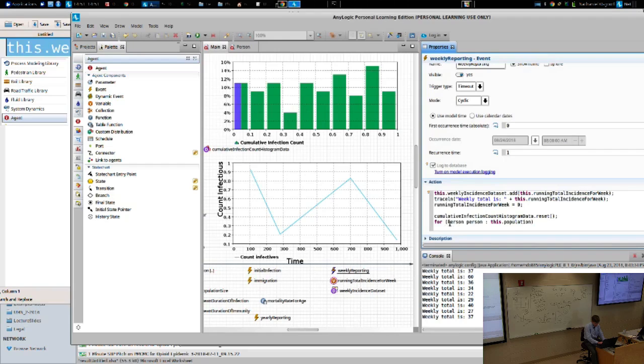So ladies and gentlemen, here you're going to say, what are we going to do with this person? We need to add their what to this histogram data? What's the key piece of information? Yeah, the total infection count. So we're going to do this dot cumulative infection count histogram data dot add.